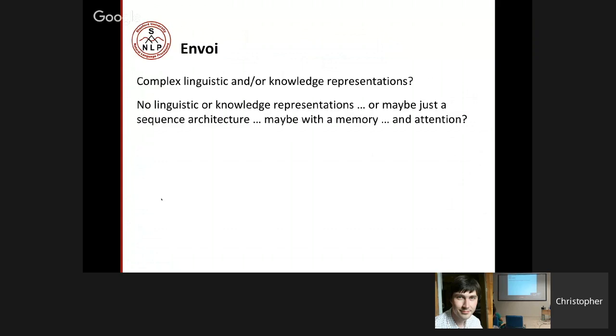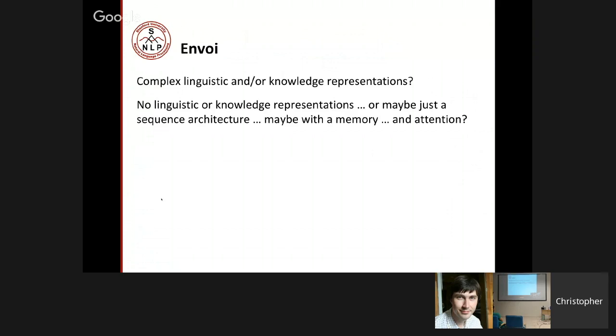Okay, so that's the end of what I was going to say. The theme was how much effort we should put into making use of linguistic and knowledge representations for our inference. Some people have been trying to go extremely minimalist, with no knowledge representations.